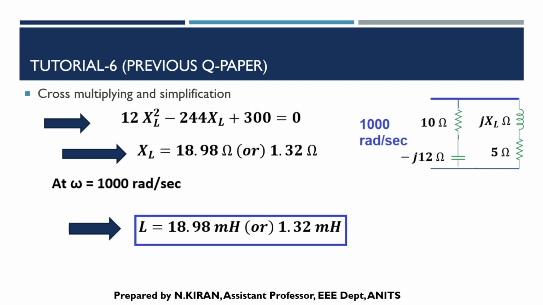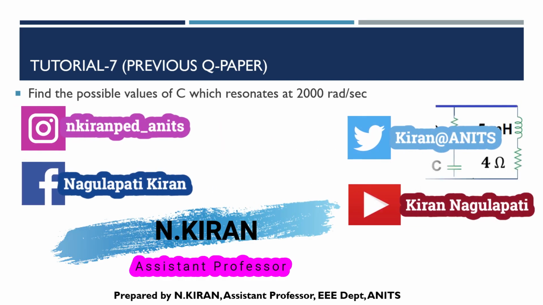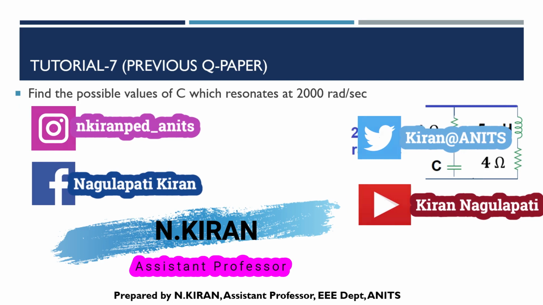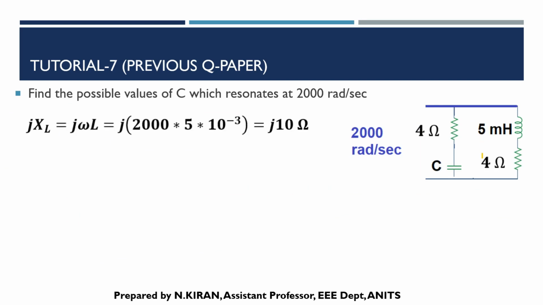The seventh sum asks us to find the value of capacitor which resonates at 2000 radians per second. The same procedure as we have done in the previous sum. Here, the inductor value is given in henries, so converting it to JXL, we get the inductor value to be J10 ohms.